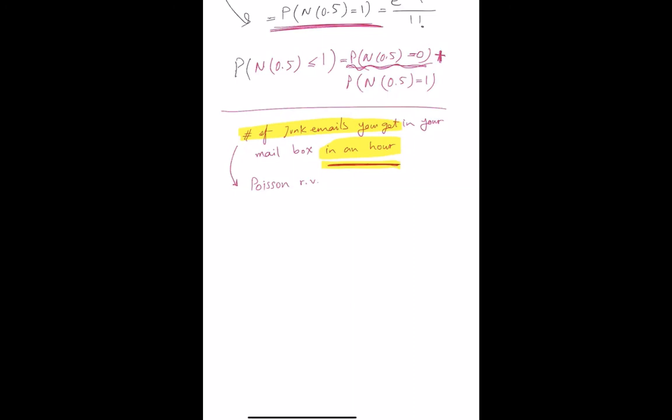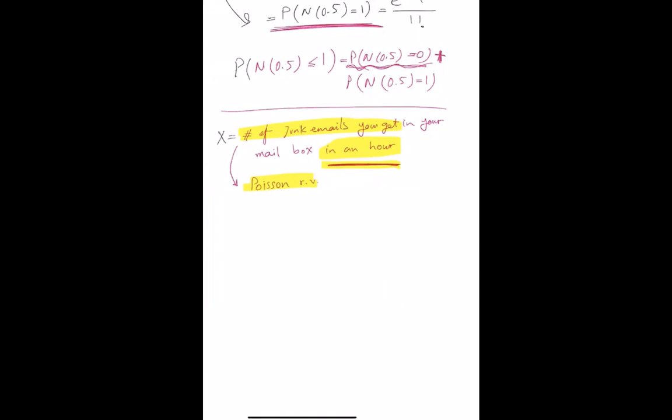It has a measure of time or space or distance. So these are all part of the definition of the Poisson random variable.